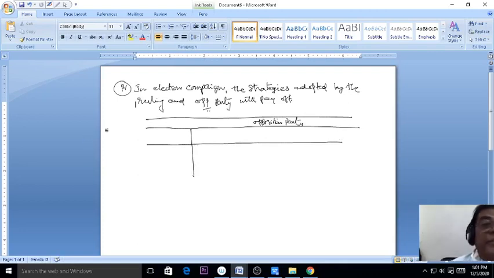The ruling party campaigns one day in capacity B1.